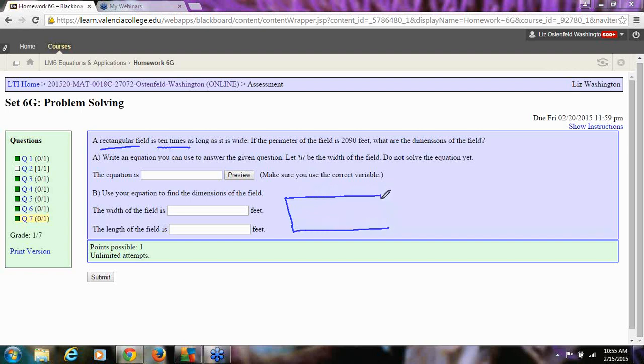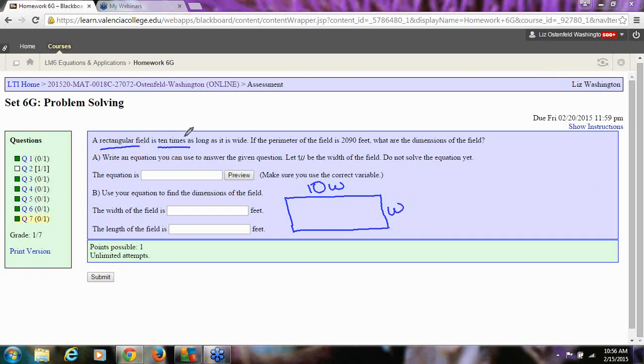It's a rectangle. It's 10 times as long as it is wide. That means my length is 10 times the width. They really didn't say anything about the width yet, so I just labeled it with W.